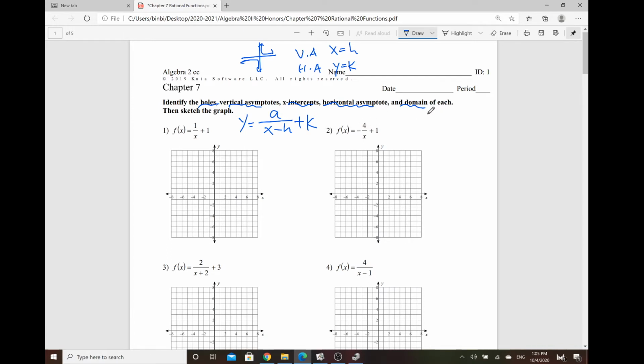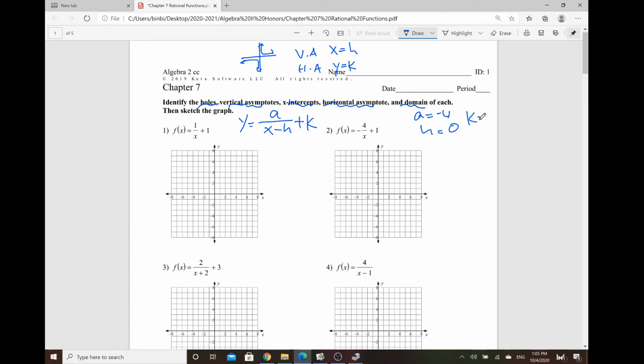The value of a here is -4. Again, a is a scale factor. It tells you whether it's stretching or shrinking. And if a is negative, the function is reflected over the x-axis. For this one, h equals 0, because h is not shown, so that means it's 0.